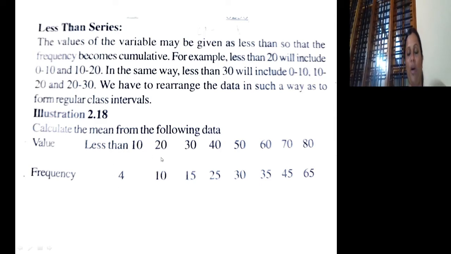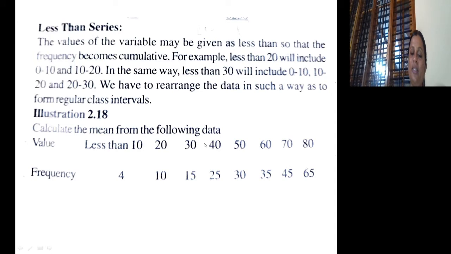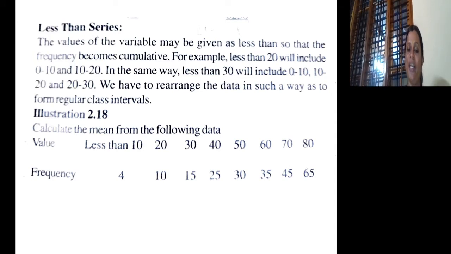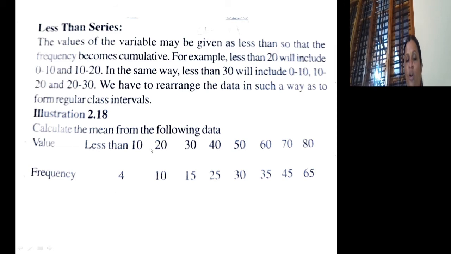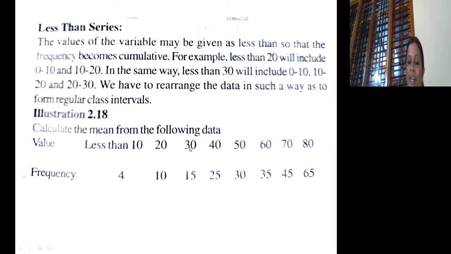Did you get my point? Again, less than 30 means 0 to 10, 10 to 20, 20 to 30. So the total number of students who scored 0 to 30 is 15. Those who scored 0 to 10 and 10 to 20 total 10, so this 10 is included in this 15.